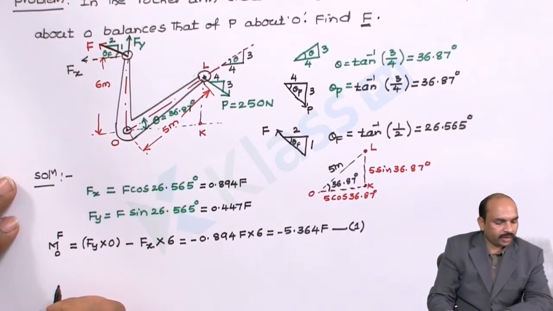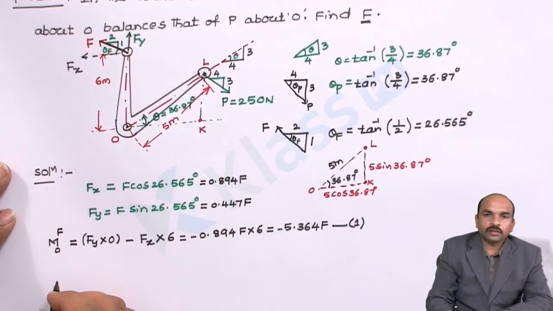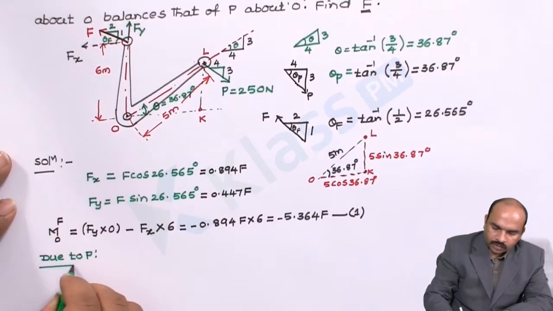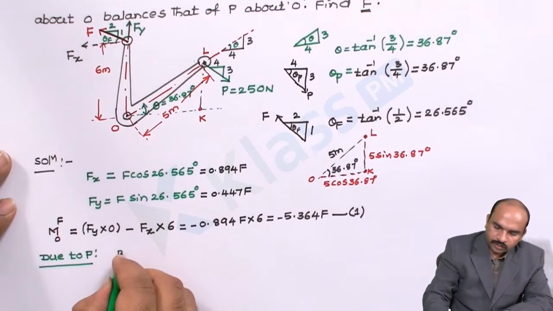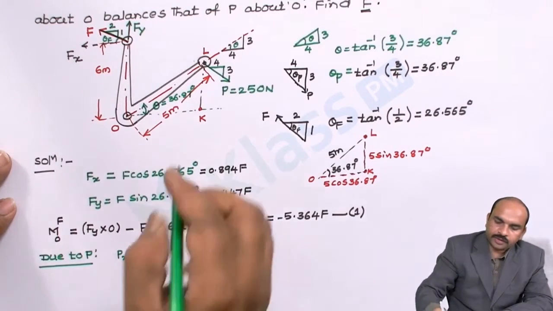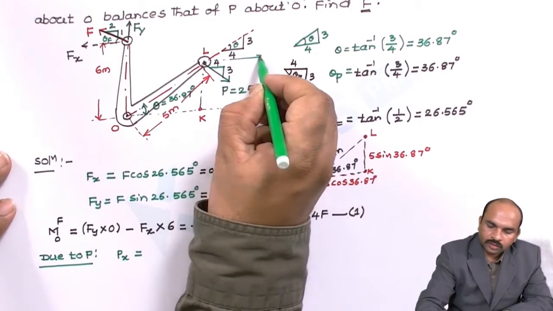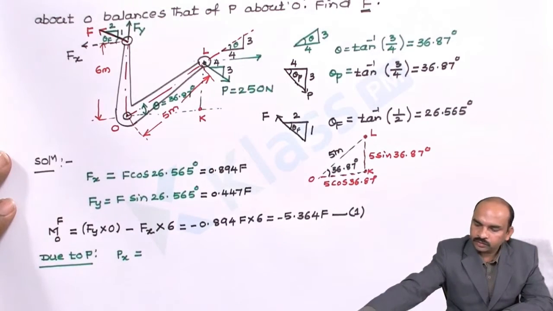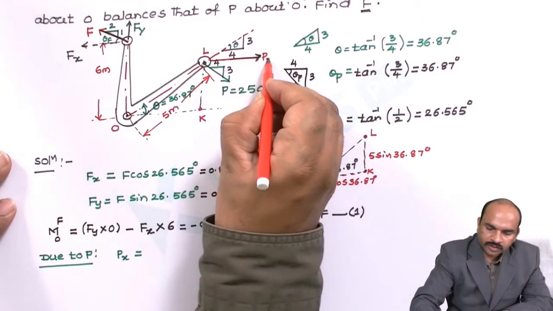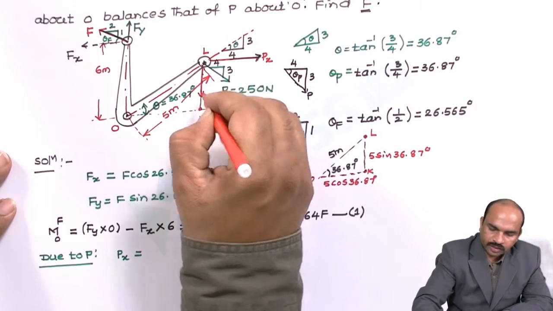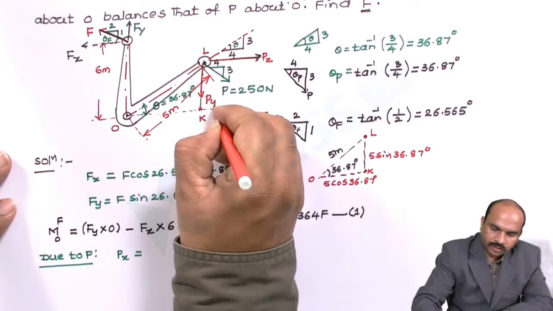Now let us calculate the components due to P. Components for P: Px, that is along this direction, this is Px, and in this direction that is Py.